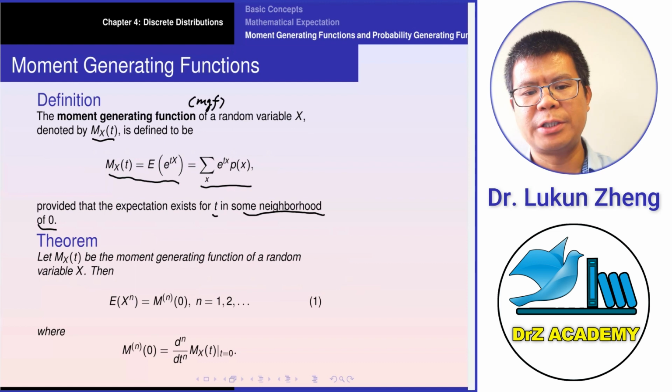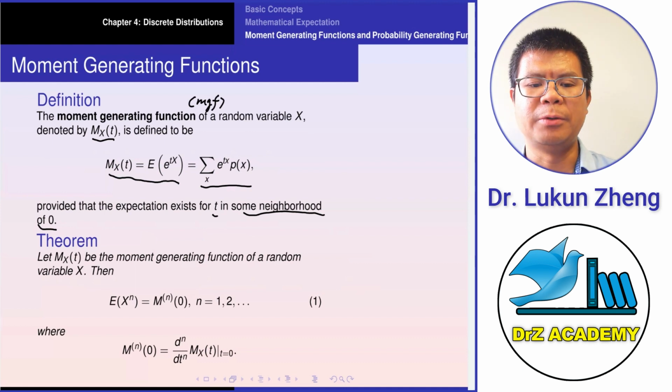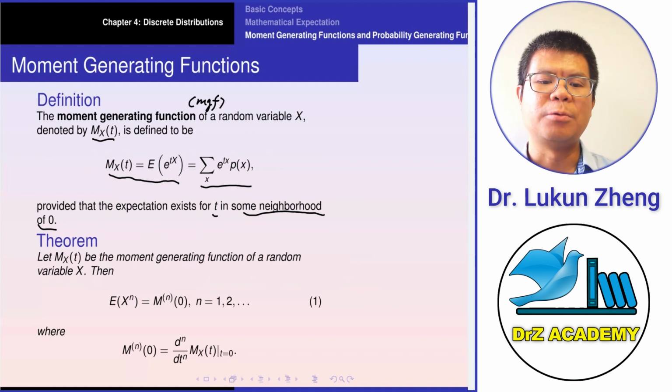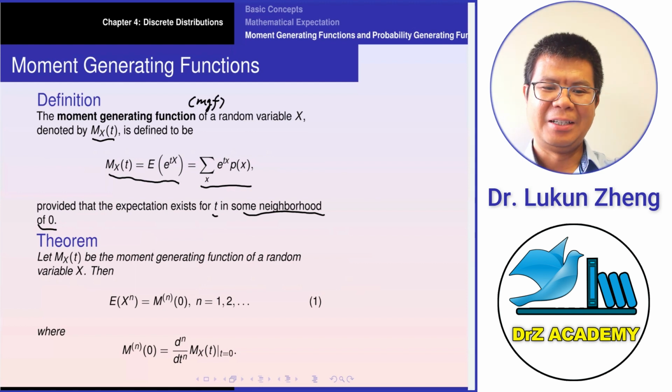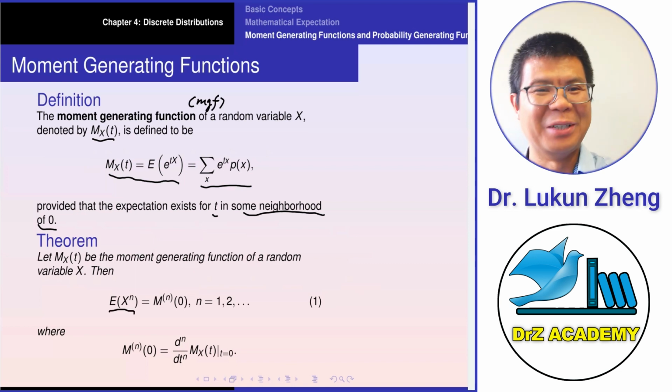Now, consider the following theorem. Let M_X(t) be the moment generating function of a random variable X, then we have the following equation. The expectation of X to the power n, this is the nth moment.